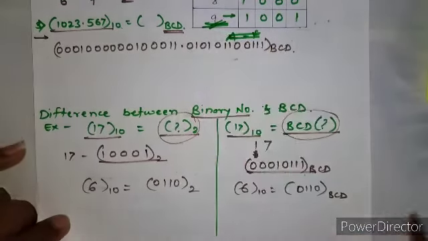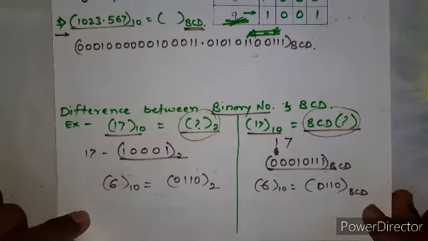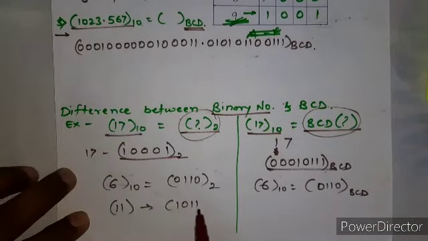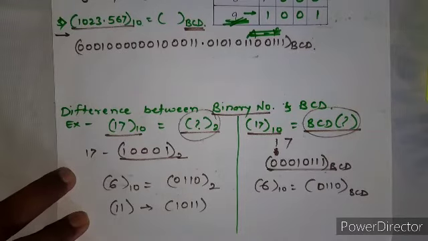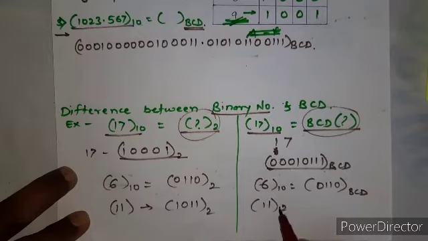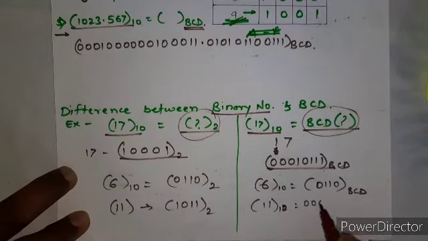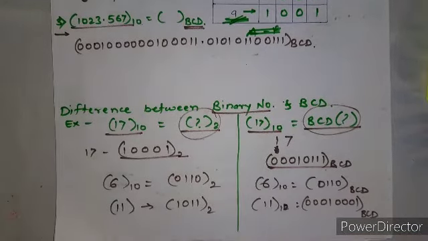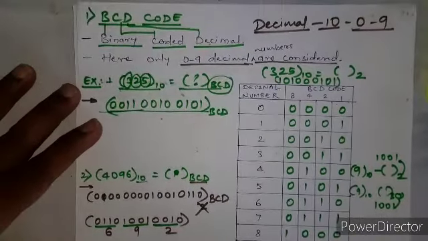But if a number goes beyond 9, say 11, it is 1011 in binary form, and 11 is 0001 0001 in BCD form. You just need to understand this difference.